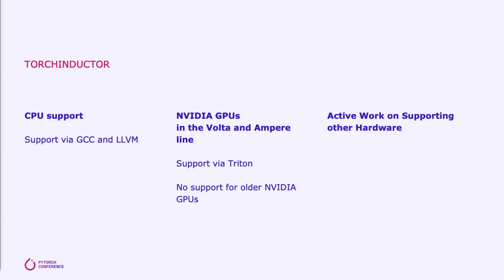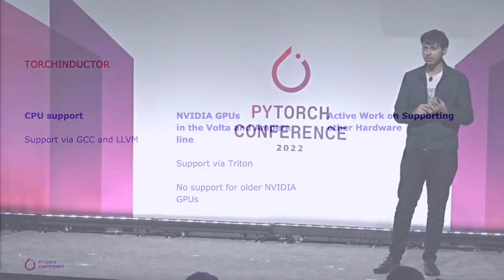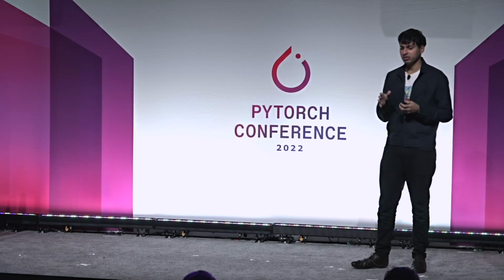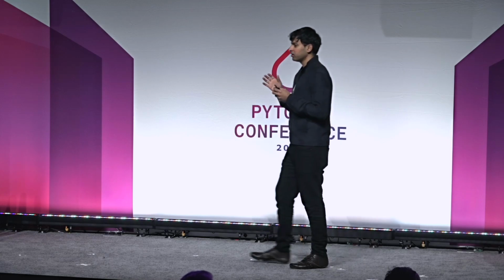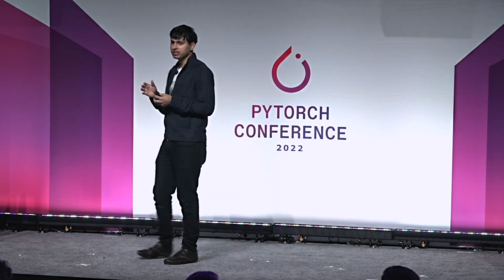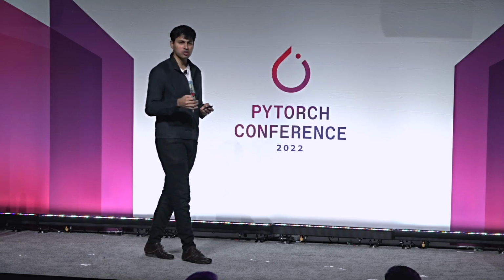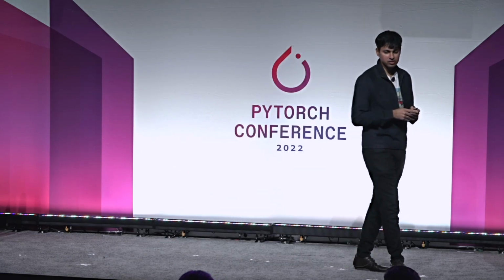CPU support is being worked on very closely by Intel. Intel has been a great partner, sending a lot of contributions to this backend. For other GPUs, AMD is actively working on support. And there's some effort to backport Triton to also work until Pascal GPUs, but anything before that, it's unlikely we'll see any benefits.